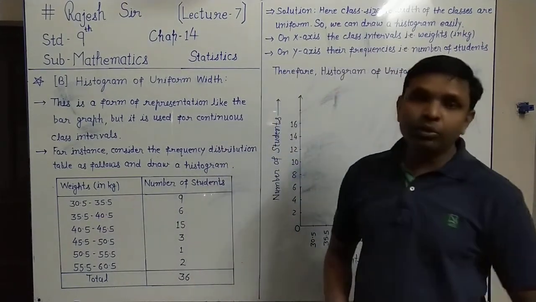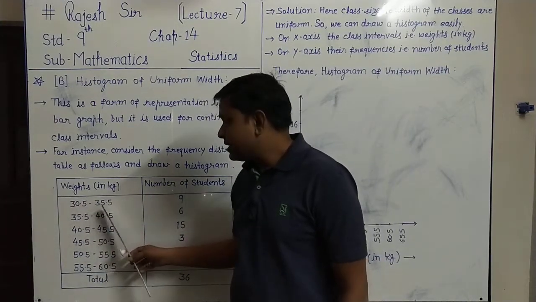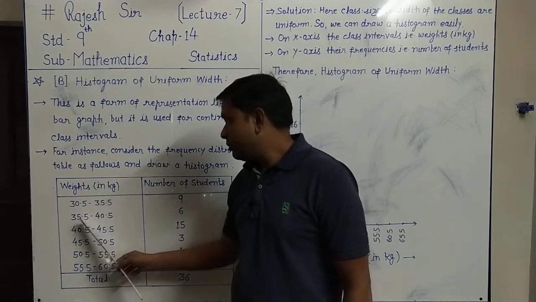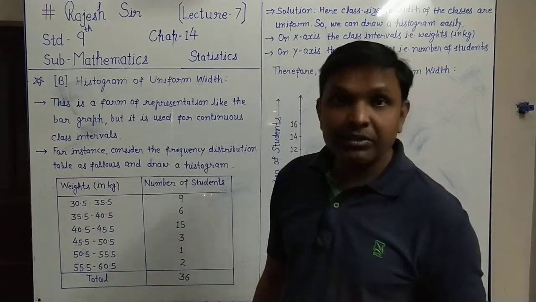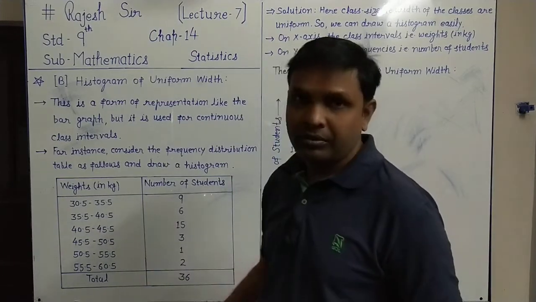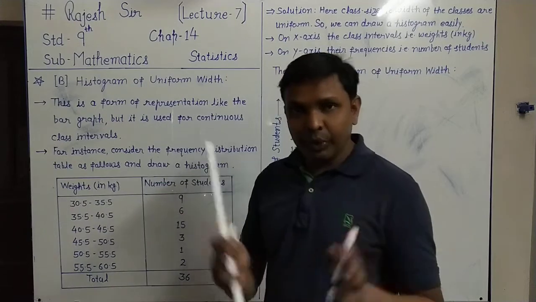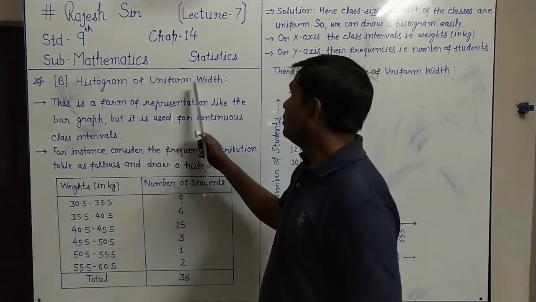One more thing to note: each class size is 5, that is, a gap of 5. Because the class width is the same, it is called uniform width.